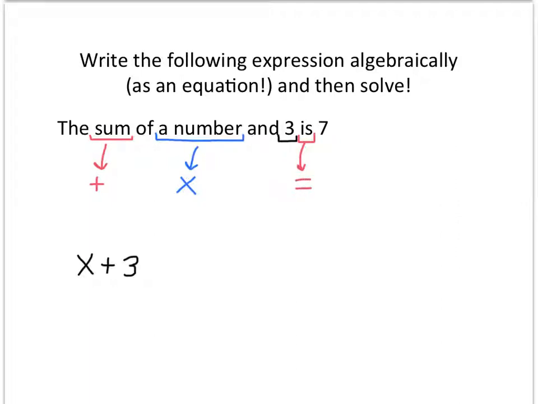So we're saying the sum of a number and 3, so x plus 3 is equal to, and then of course the last term we see right here is the number 7. So the equation we're looking to solve is x plus 3 equals 7. And now I can simply solve by subtracting 3, and we find that the solution of this equation is x equals 4.